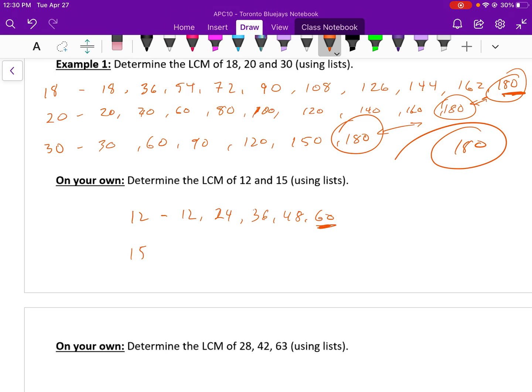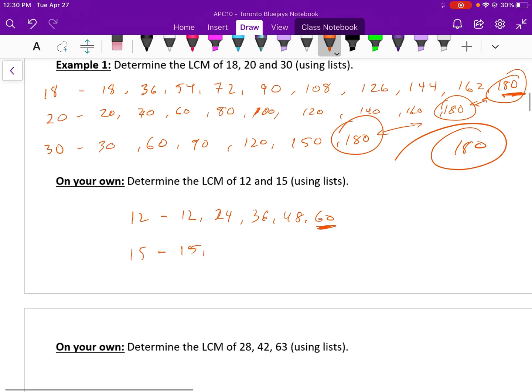I'm going to end at 60 because I know that 60 is divisible by 15. It's also a multiple of 15. So 15, 30, 45, and 60. And what I'm able to see is that my LCM is 60. I don't particularly enjoy this method. It works well for 15 and 12 because I'm really good at counting up by those numbers.